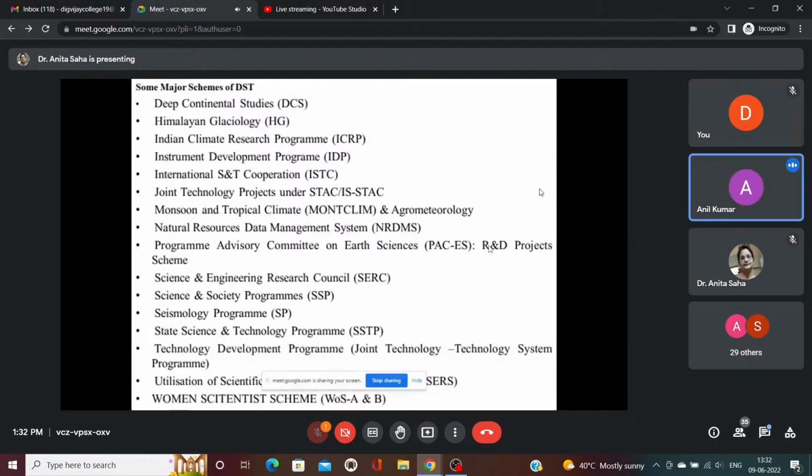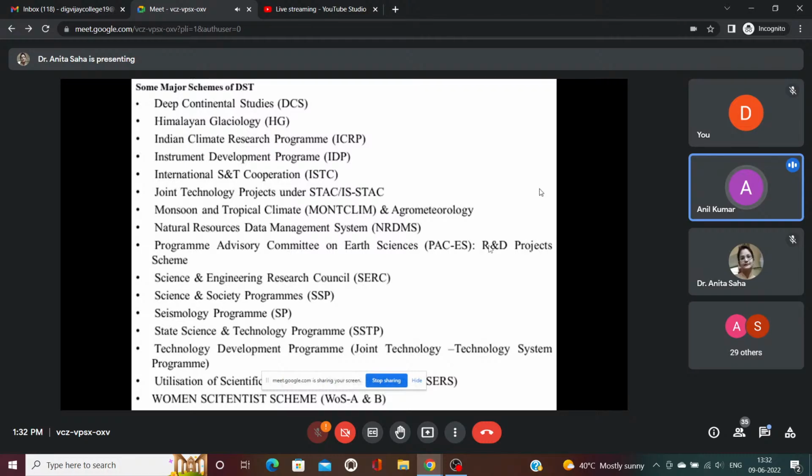And not only to the NRDMS scheme, even in the Science and Society program, the researchers from the field of science and arts can collaborate and they can apply. There are so many health research-based scientific programs launched by the DST. And in health and science, again, the social science people can coordinate with the biological science people, and thereafter they can apply to the same scheme.